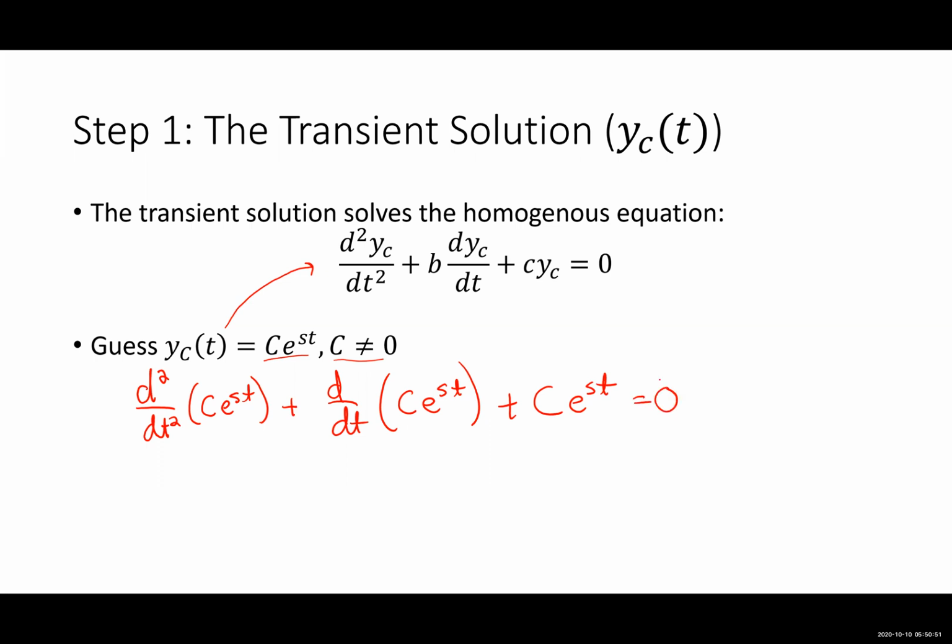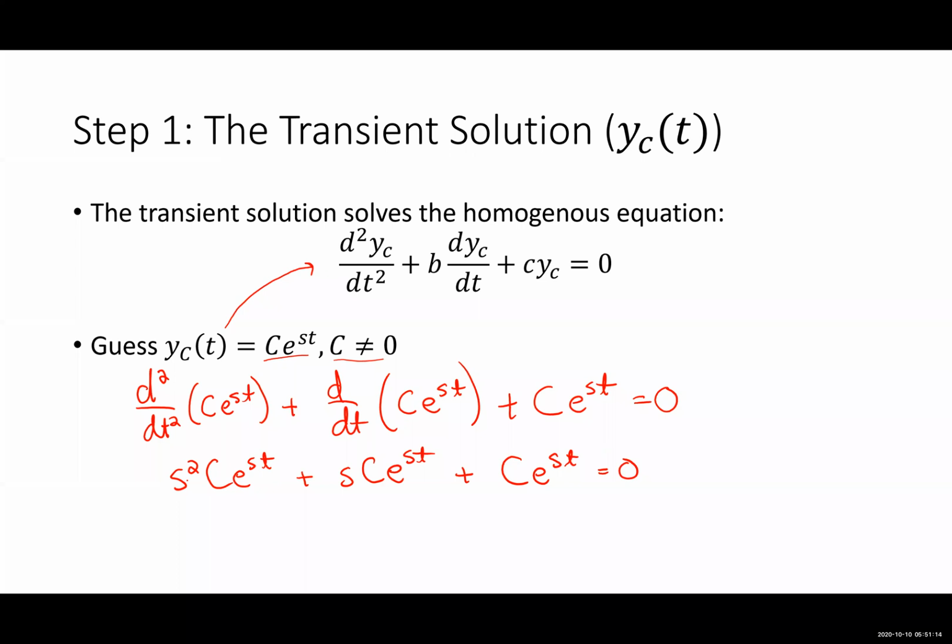One thing we know is C can't ever be 0, and e to the st is never 0. That's an important thing to remember. Taking the second derivative, this becomes s squared C e to the st plus s C e to the st plus C e to the st equal to 0.